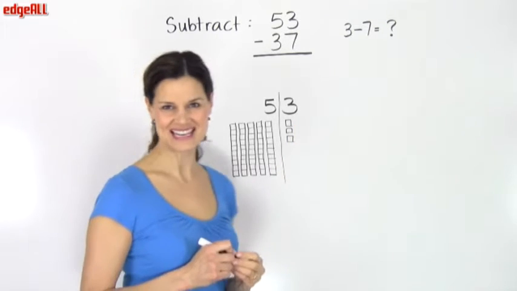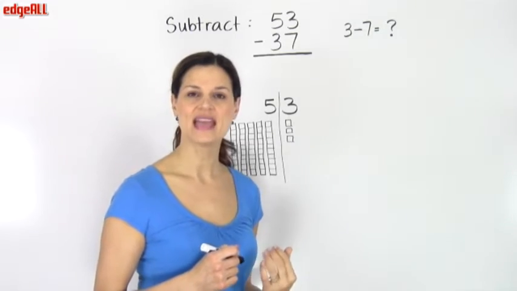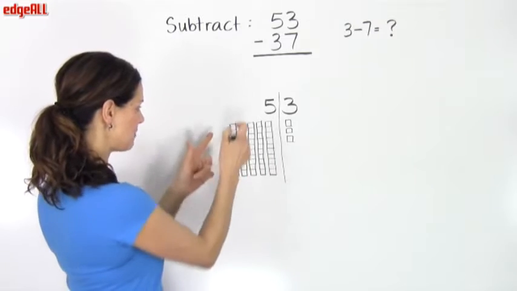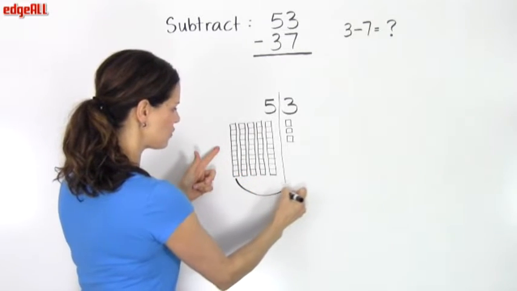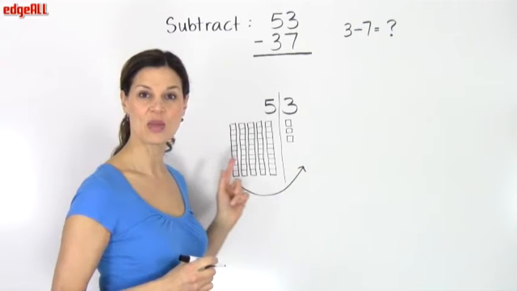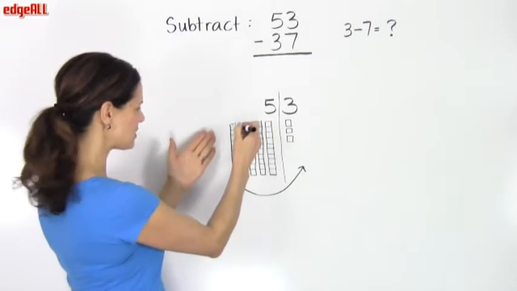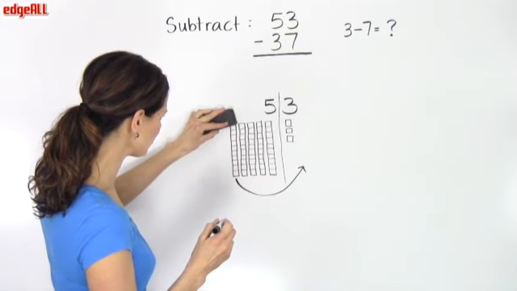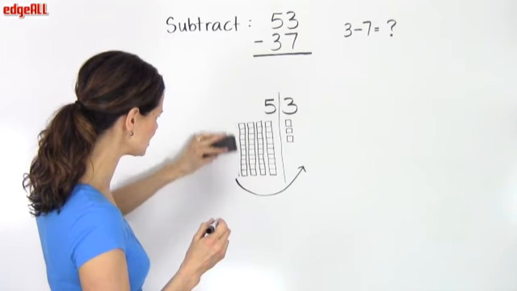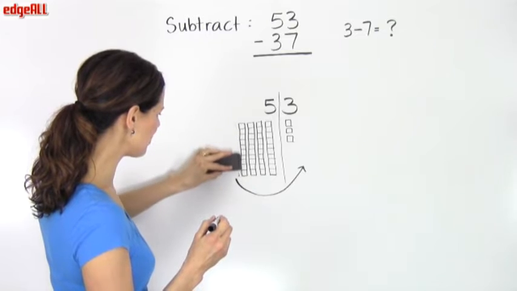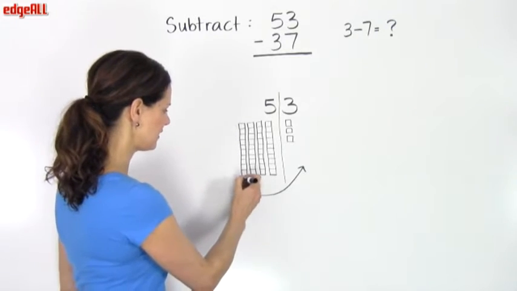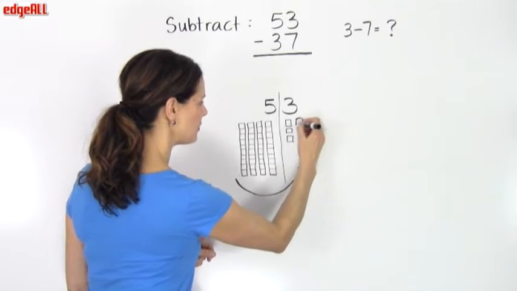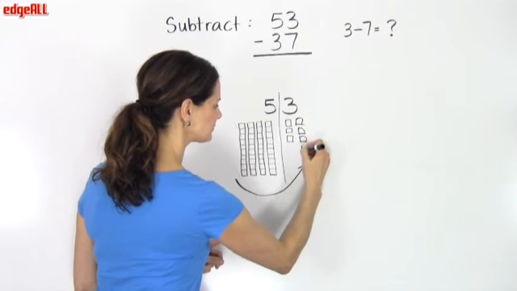And so what we need to do when we borrow is that we're going to borrow one of our 10 bars here, and we're going to move it over into the ones space. So I'm going to take this set of 10, and I'm going to erase it from the 10 section, and I'm going to move it over, or borrow the 10, and put it in my ones section.